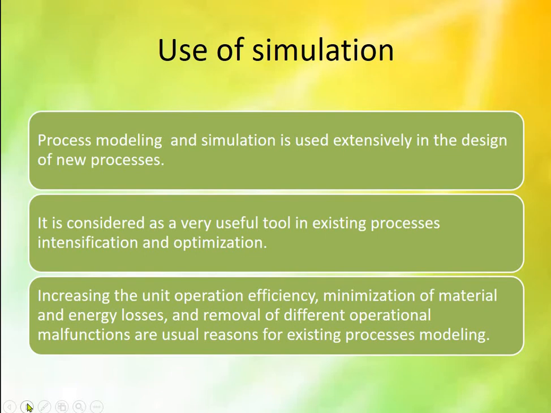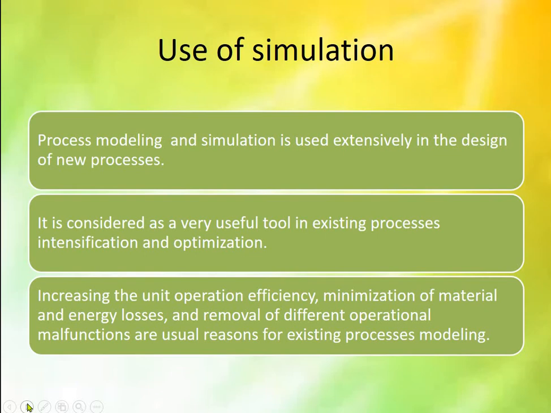It is also considered as a very useful tool in existing process intensification and optimization. So this is not only used for newly designed processes, it can also be used for existing processes. So what is the benefit of using it in an existing process?